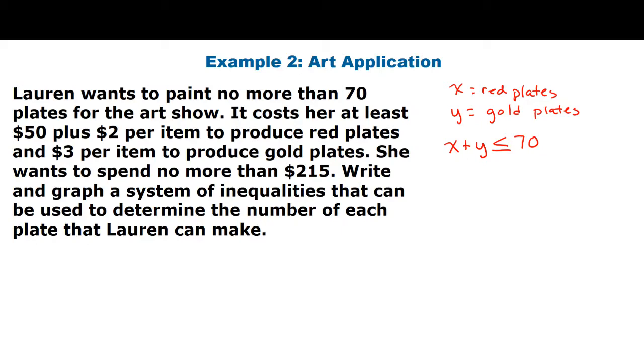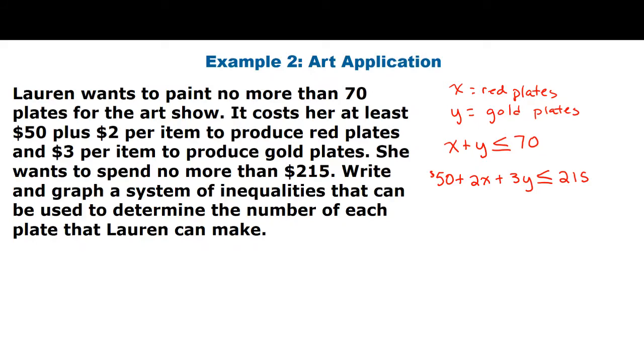All right, let's see if we can come up with another inequality. The amount of money that she's willing to spend is going to be $50 plus 2 times the red plates plus $3 times the gold plates, which is y, and she doesn't want to spend any more, so that means it's less than or equal to $215.